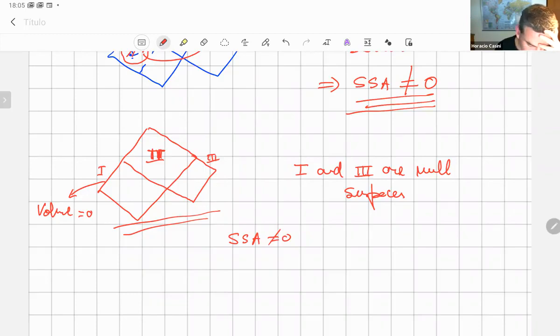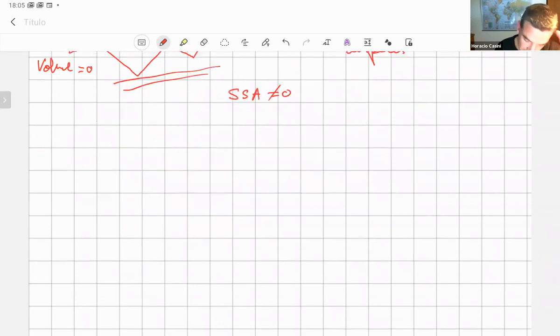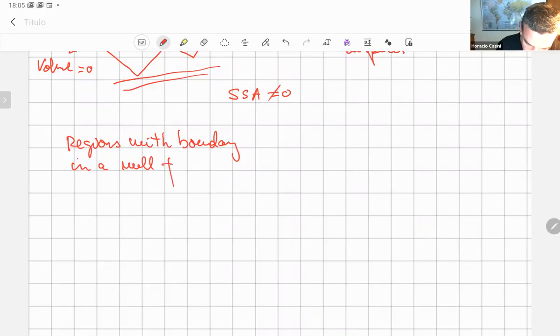In general, it's not the case, but there is a particular case that is easy to prove that gives equal to 0. And this is the case where your regions have boundary in a null plane. So we take a null plane.